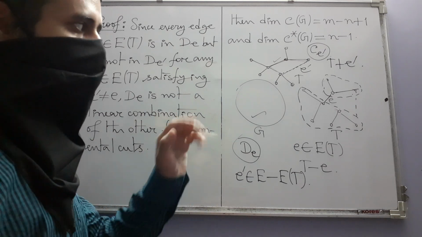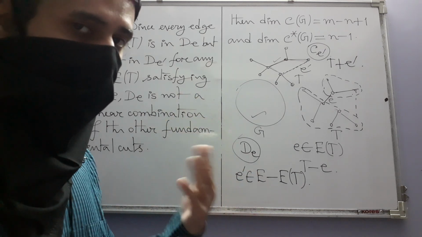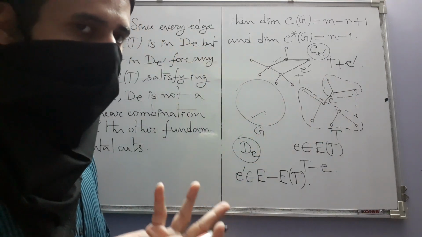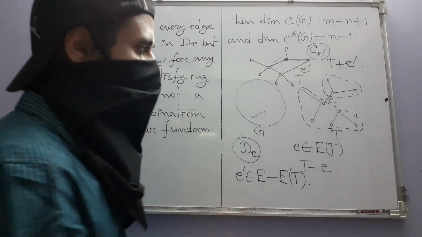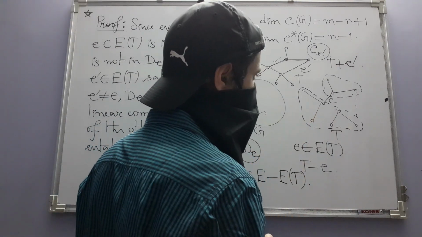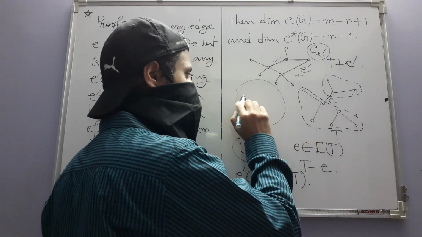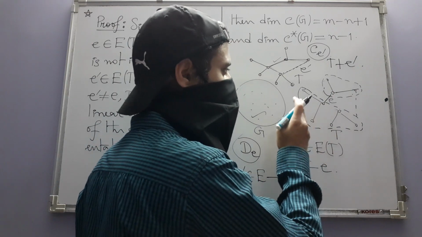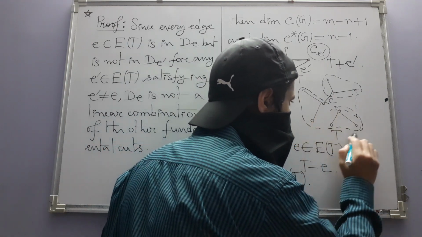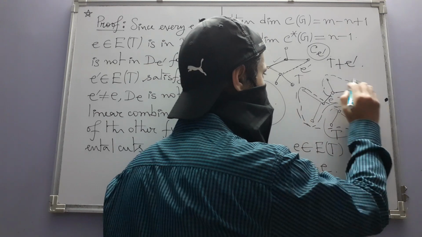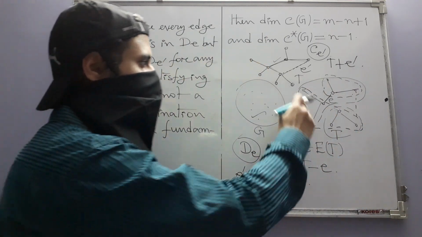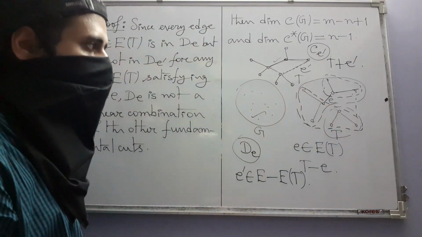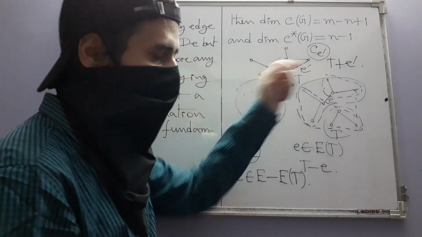In any such process of deleting some edge other than E, E survives. E of course will be there even after deletion of this edge, say. Now, when you go back to G and see what edges originally are there in G between this component and this component, meaning those edges which have one end in this component and the other end in this component, do you think any such edge can be E?